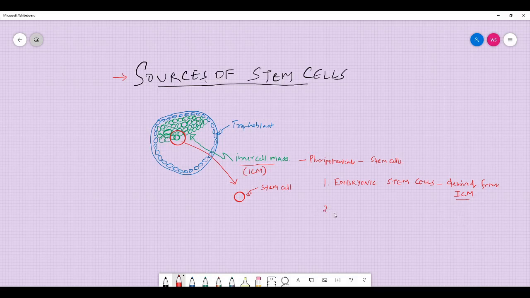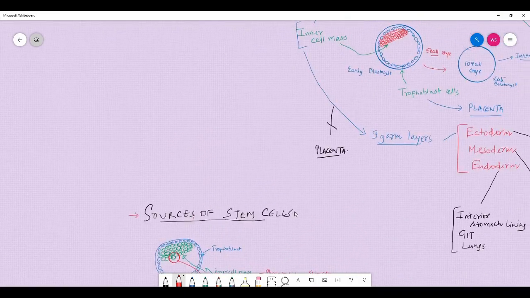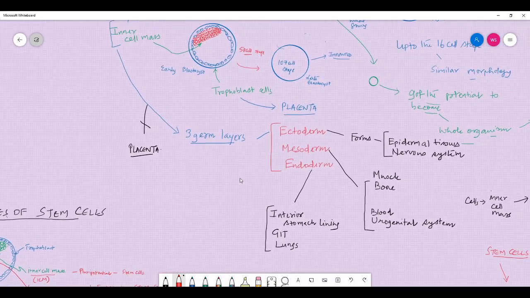The second source. Let's go back to the diagram. We said that the inner cell mass gives rise to the three germ layers, the ectoderm, mesoderm and endoderm, and they form the terminally differentiated cells like muscle, bone, etc. Now, bone is a terminally differentiated cell, but within the bone there are some stem cells.